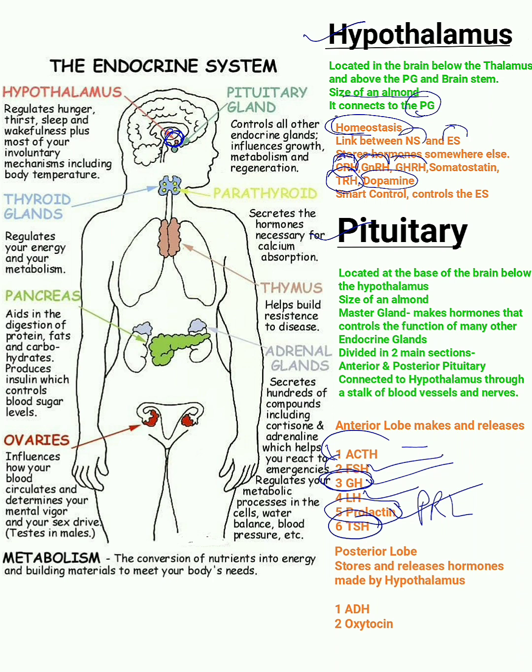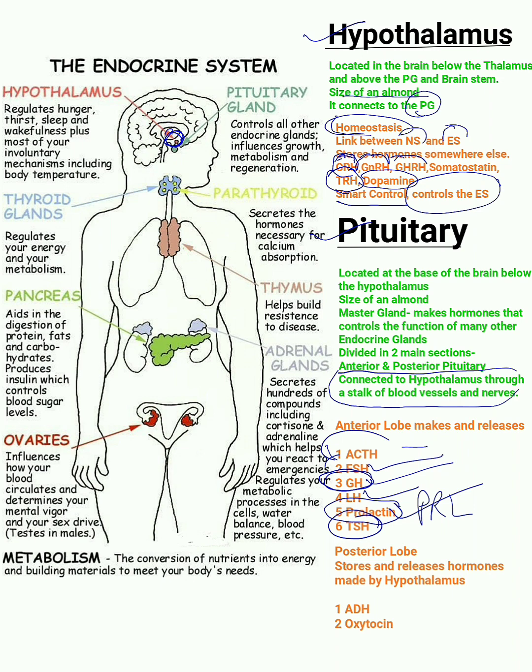The hypothalamus and pituitary gland is connected through a stalk of blood vessels and nerves, which is why this function happens. Hypothalamus is a smart control. It controls the endocrine system. Hypothalamus sends signals in the form of hormones to the pituitary gland, which either releases hormones that directly affect a part of the body or sends another signal in the form of hormones to a different gland in the body that then releases its hormones.